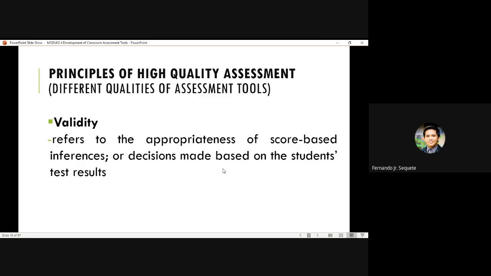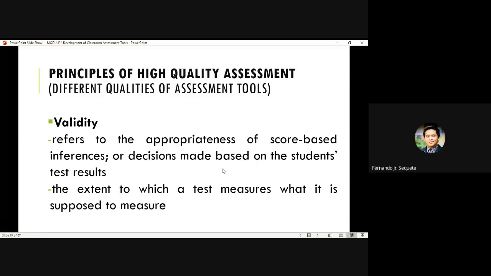When we say validity, it refers to the appropriateness of score-based inferences or decisions made based on the student's test results. Ibig sabihin, the performance of the students is solely based on the test result given. And please take note that validity is the extent to which a test measures what it is supposed to measure.